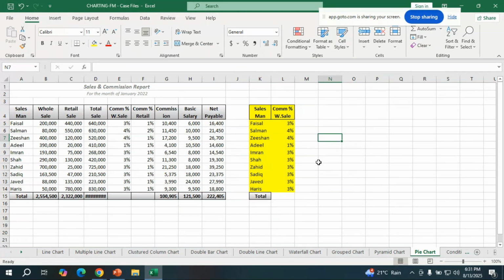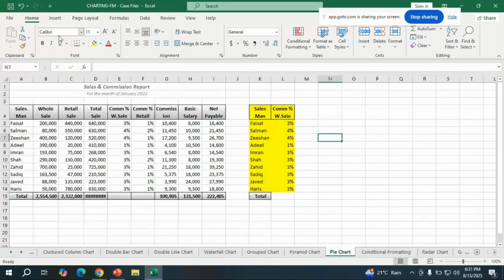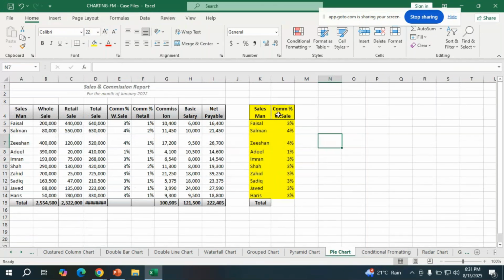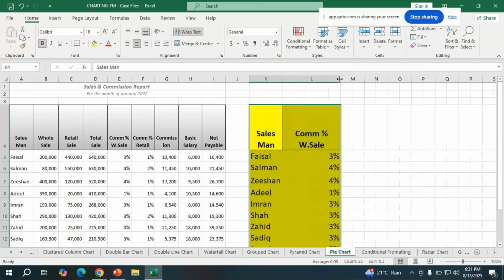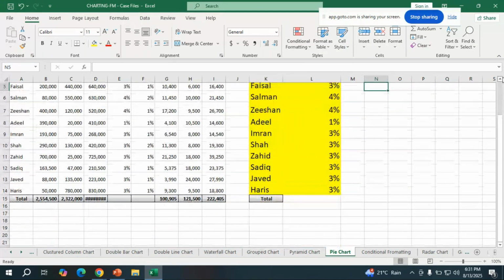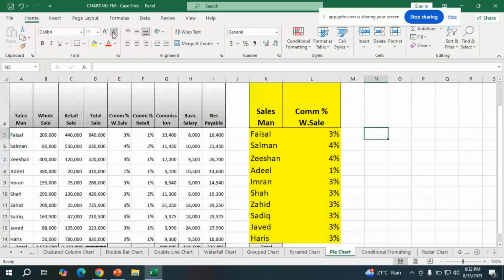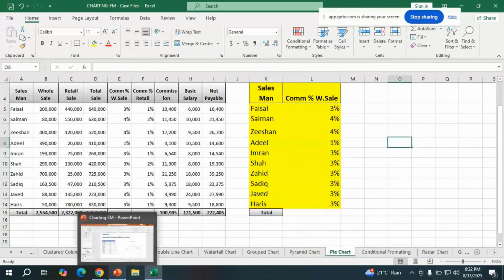So for this, you're going to prepare a pie chart. Start working on the same, only for this pie chart.